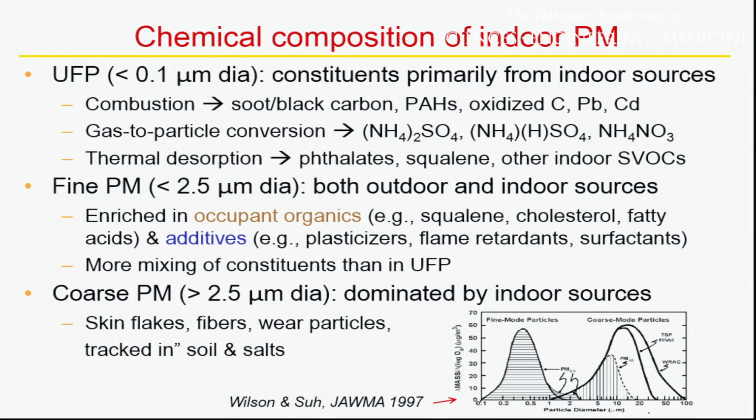But if we compare the chemicals present in indoor fines to the chemicals present in outdoor fines, we find that indoor fines are enriched in chemicals from the occupants themselves, and they're also enriched in some of the additives that are used in the products that are part of our indoor environment: phthalate plasticizers, organophosphates, brominated flame retardants, fluorinated surfactants.